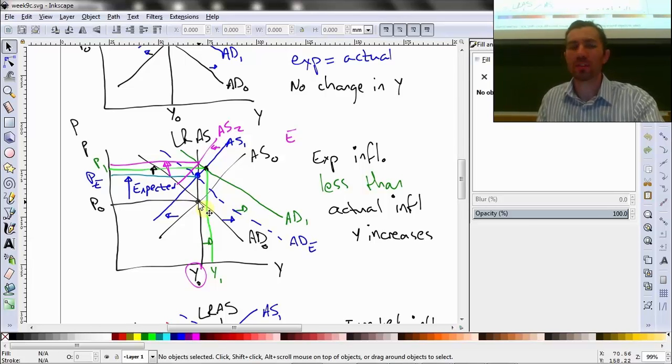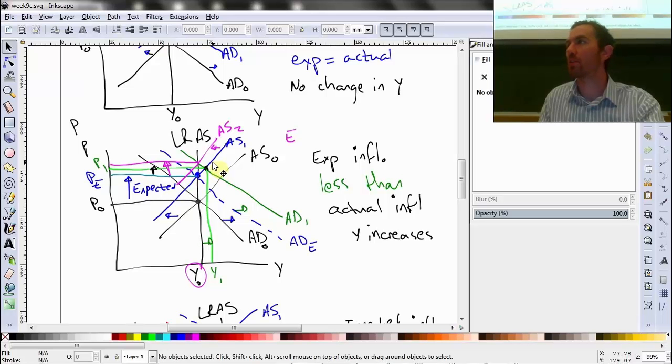Moving forward, if there's some sort of expectation about how we expect prices to change, and we set our wages accordingly, that change in nominal wage demands shifts the aggregate supply curve. So if we expect the aggregate demand curve to shift to the right by some amount, leading to an expected increase in prices, we shift our short-run aggregate supply curve to the left by some amount.